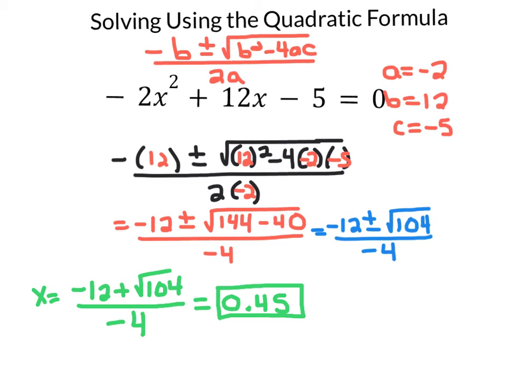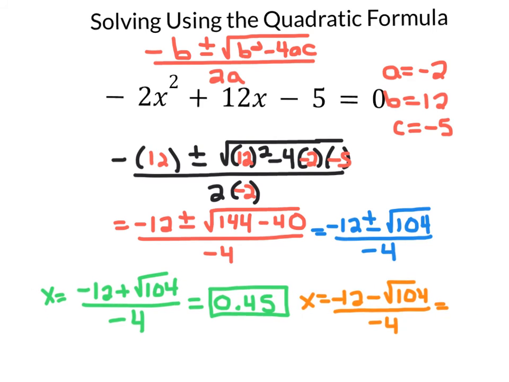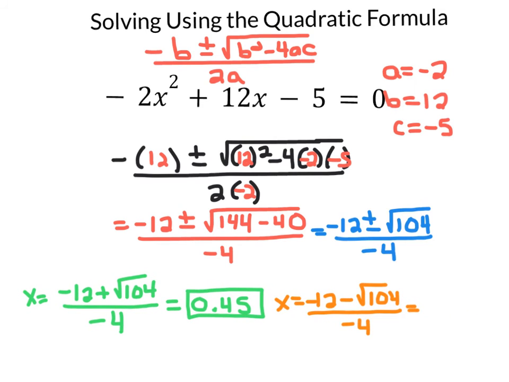Let's work to get our second x value. So now it's the opposite of 12 minus the square root of 104, divided by -4. Let's grab those calculators and take that square root of 104 again.